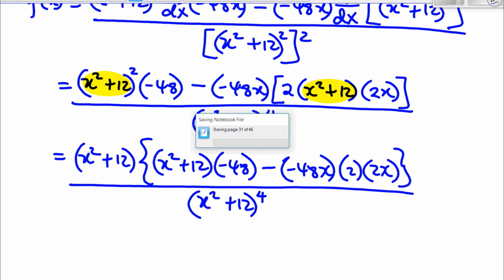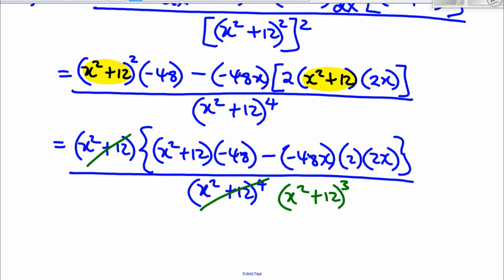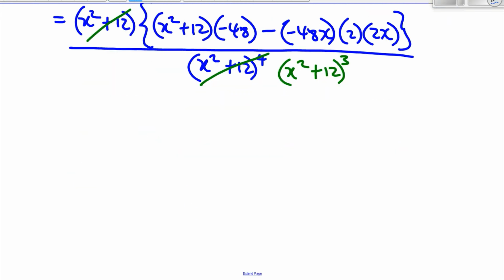Okay. Now, what I need to do next is to cancel a few things here. That and that cancels to get x squared plus 12 to power 3, which means I'll end up with, so now I can FOIL a few things.